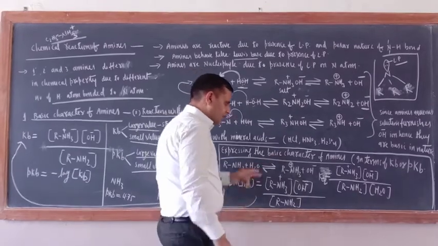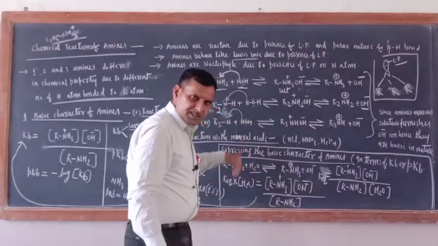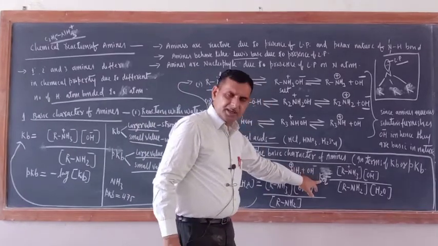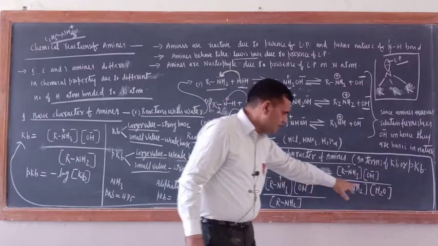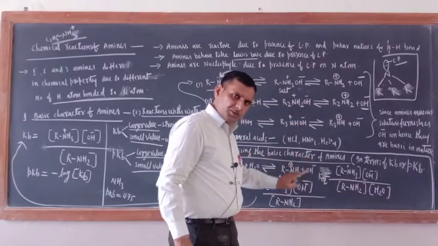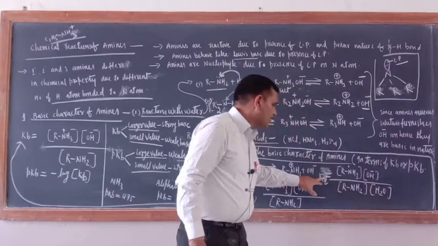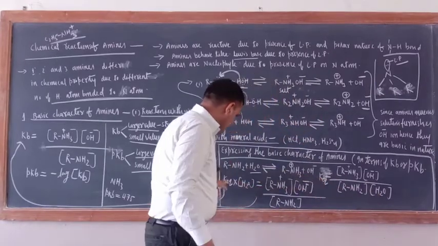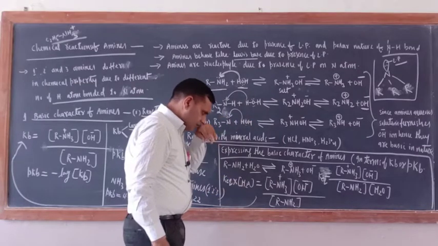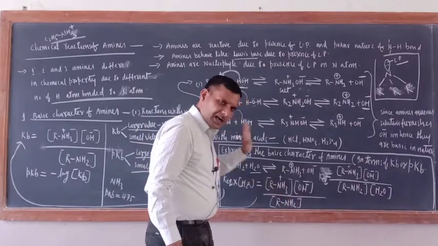During the course of the reaction, the molar concentration of H2O remains constant. Just like the equilibrium constant K, the molar concentration of H2O is also constant, so it is better to multiply it with Keq. So Keq times [H2O] equals [RNH3+][OH-] divided by [RNH2].